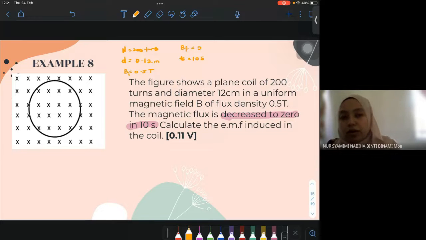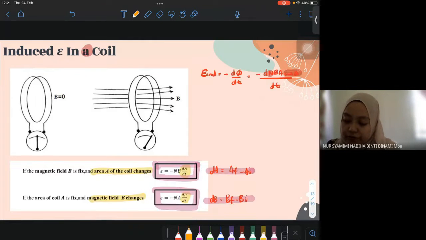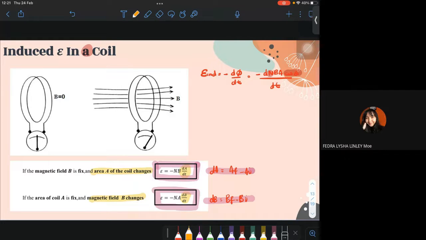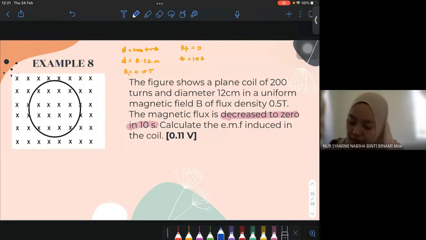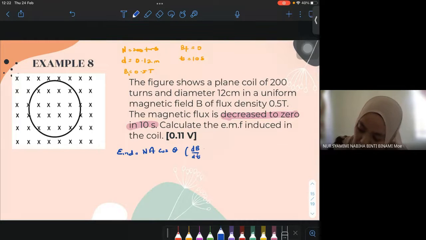Okay, so which formula that should we use? A or B? B. Sebab magnetic field yang berubah kan. So kita terus guna formula B, we don't need to derive. E induced equals to N A cos theta dB over dt. So N is equals to 200.